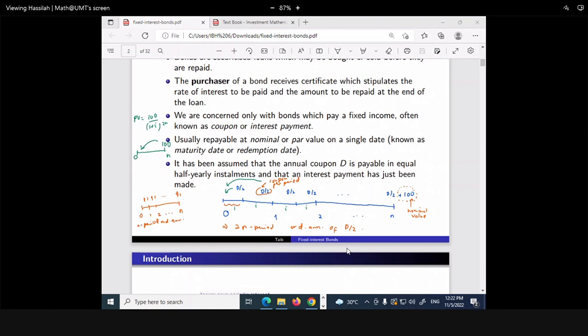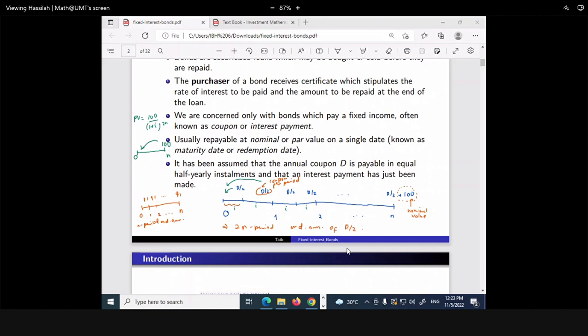Okay, so you can see that with such a coupon payment, it makes the coupon payment payable every fixed period of time, fixed interval time for a certain period, then it makes an annuity.